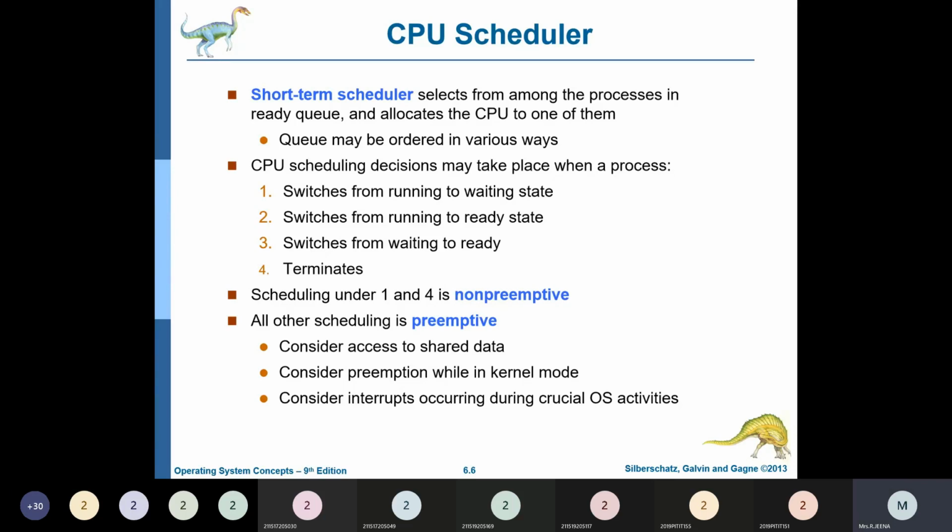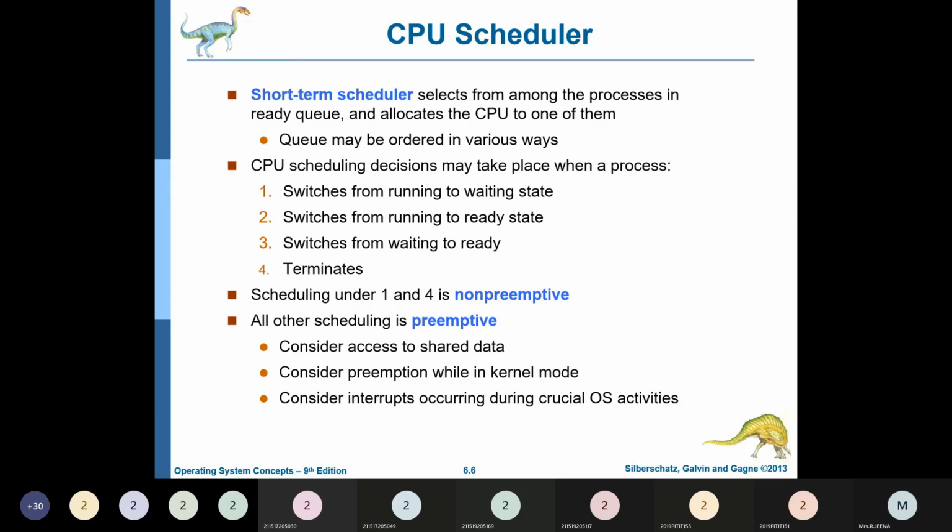That is one instance. The other one is from running to the ready state. Then the other is from waiting to the ready state, which is normal. Everything stays in the waiting state until it gets allocated, right? And the last one is when it gets terminated.